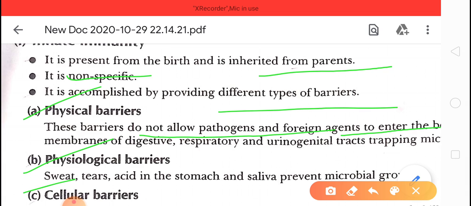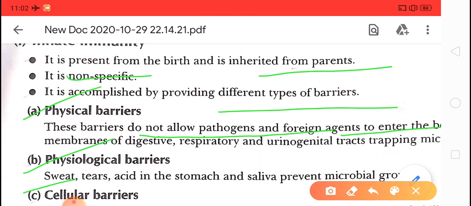The second barrier is the physiological barrier, and it includes sweat, tears, acid in the stomach, and saliva. These four things play an important role in preventing microbial growth. Like if we sweat, whenever the sweat goes out, it kills the bacteria.